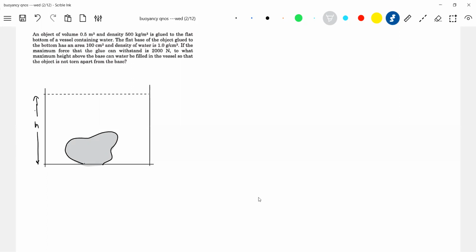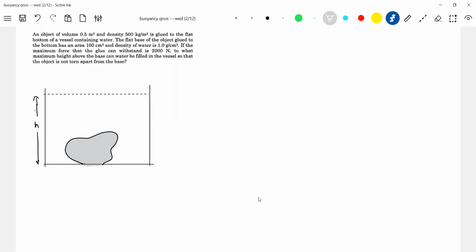Let's see that. We have read: what is the volume of the object, V? Density rho is glued to the flat bottom of a vessel containing water. The flat base of the object glued to the bottom has an area of 100 centimeters square. Density of water, 1000.